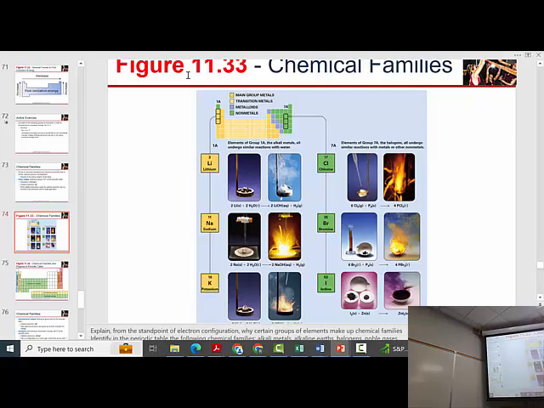When we're on this side, smaller is more reactive. So chlorine's smaller, it's more reactive than bromine, which is more reactive than iodine. So iodine is a very mild oxidizer. When I was younger, we used to have hydrogen peroxide for wounds.